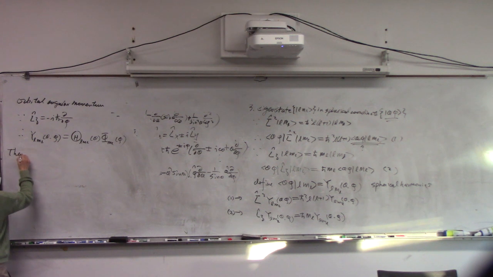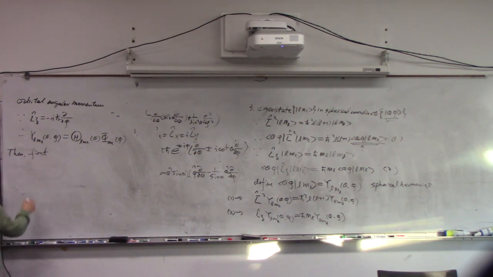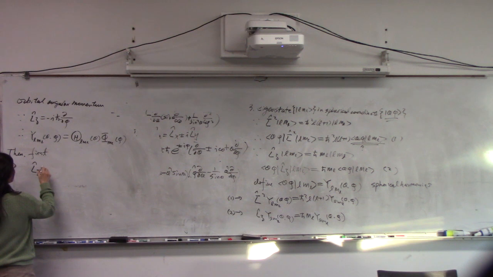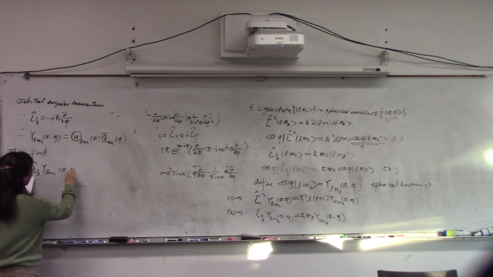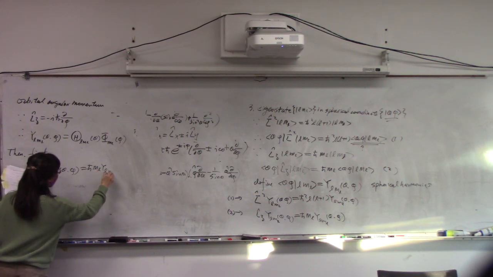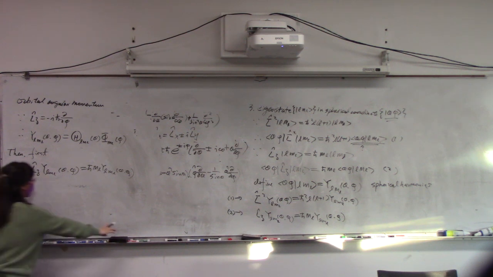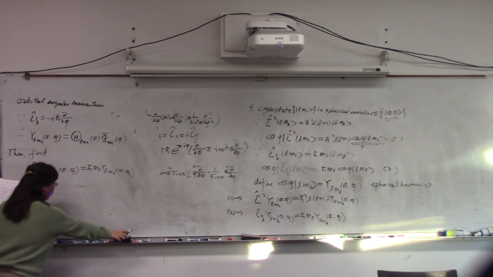Now let's look at this one, and first let's look at L_z, because only for this one you will see that symbol. So first, let's look at L_z: L_z Y_L^{m_L}(theta, phi) equals h bar m_L Y_L^{m_L}(theta, phi). Let's look at the left hand side.